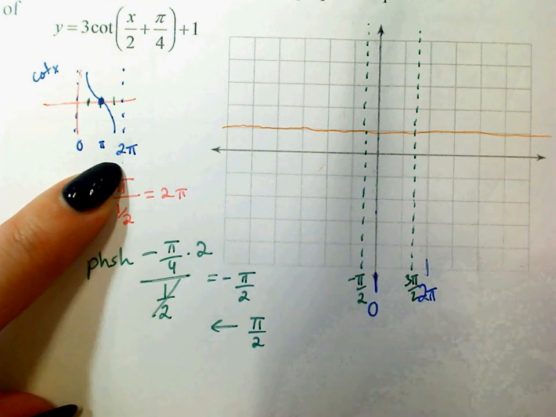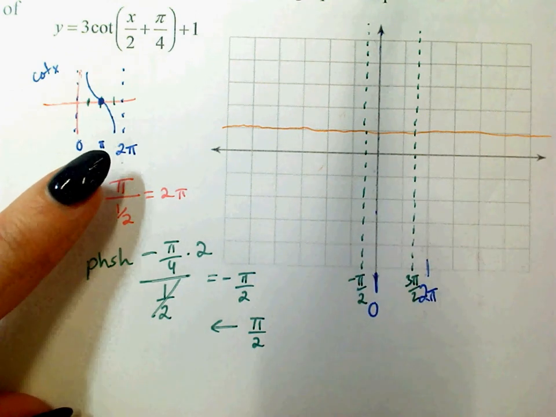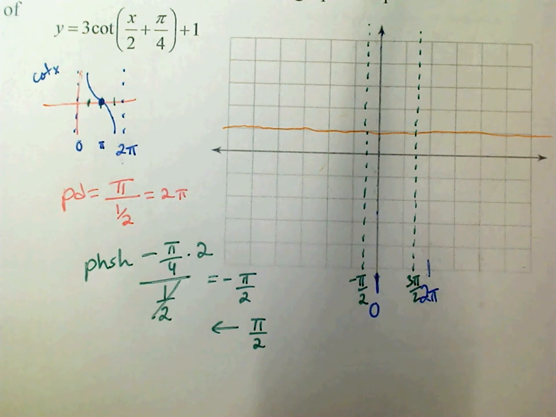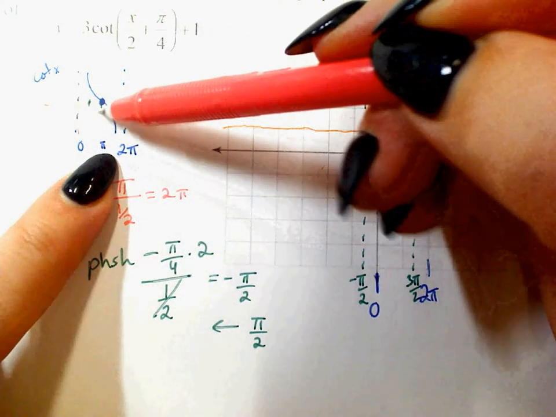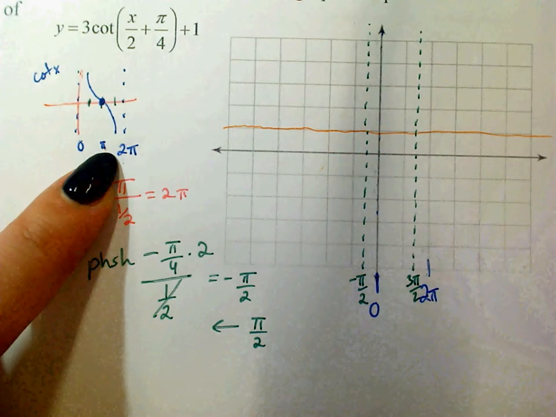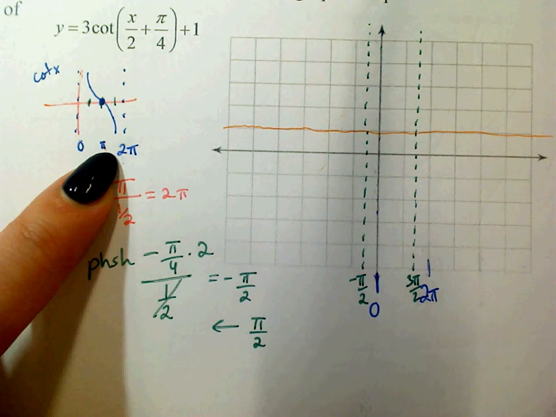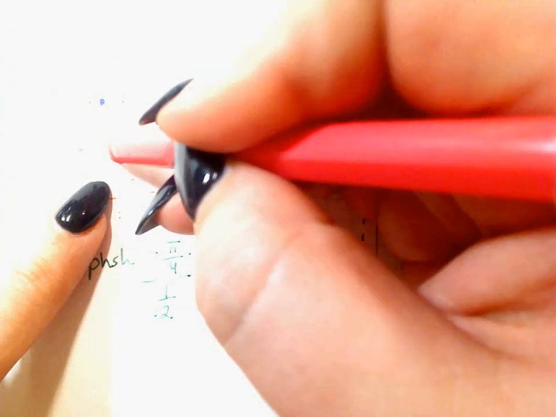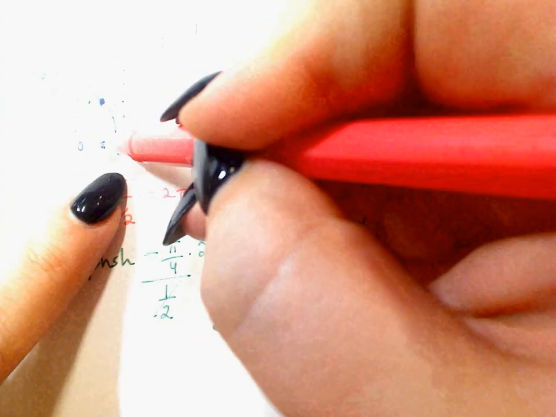Where is my new x-intercept? Well, not x-intercept, but midline point. 1/2 pi? Good. It was at pi, now it's going to move to the left half pi, so it's going to be at 1/2 pi, which makes sense, it's halfway between the two, true?